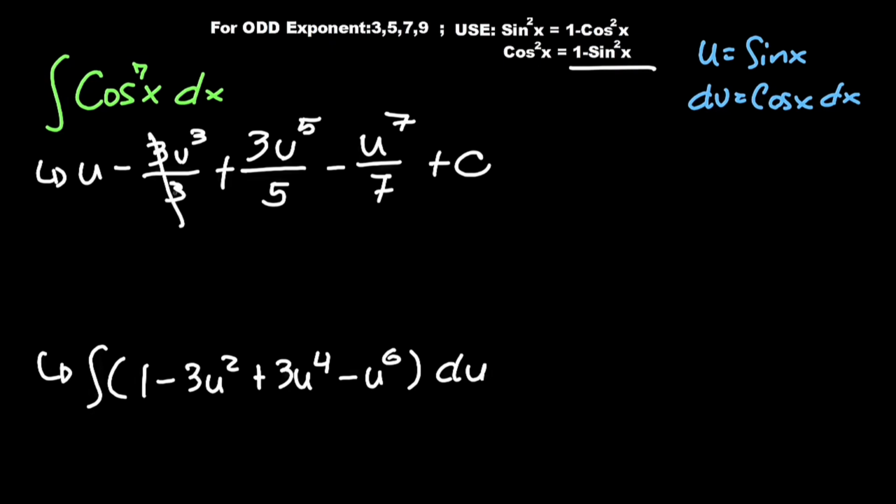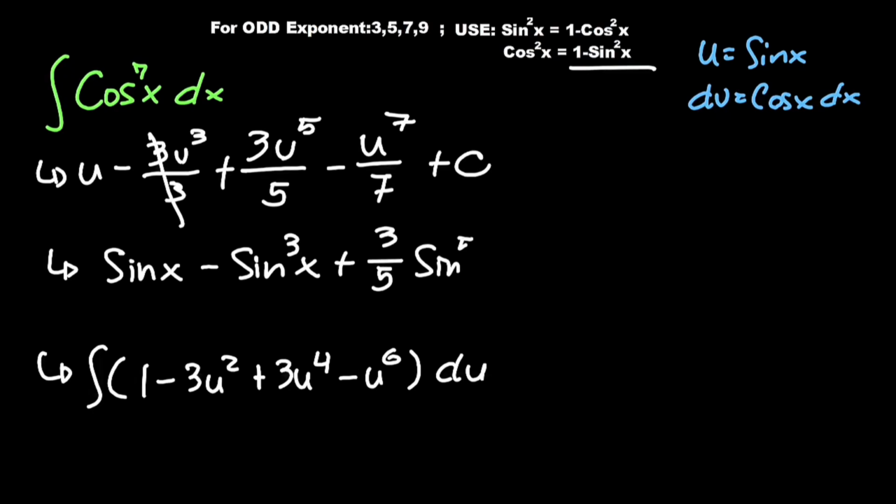This 3 would cancel. And so, by putting u back into its original form, we would have sine of x minus sine cube of x plus 3/5 sine to the power of 5 of x minus 1 over 7 sine to the power of 7 of x plus c.